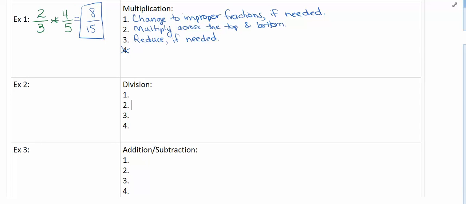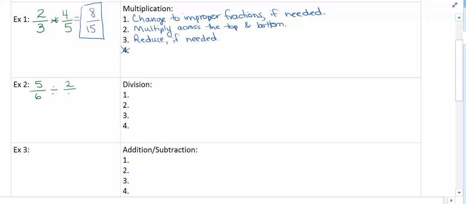So step 4 here. All right, so let's look at example 4, division. On your paper, you have the example of 5/6 divided by 2/3. Okay, so let's go through the steps. The same first step is, you're going to change to improper fractions if needed.